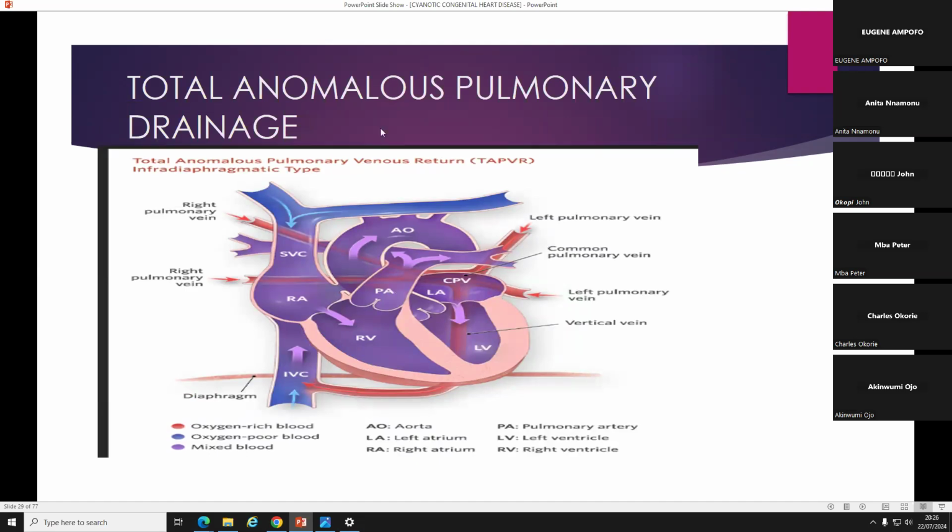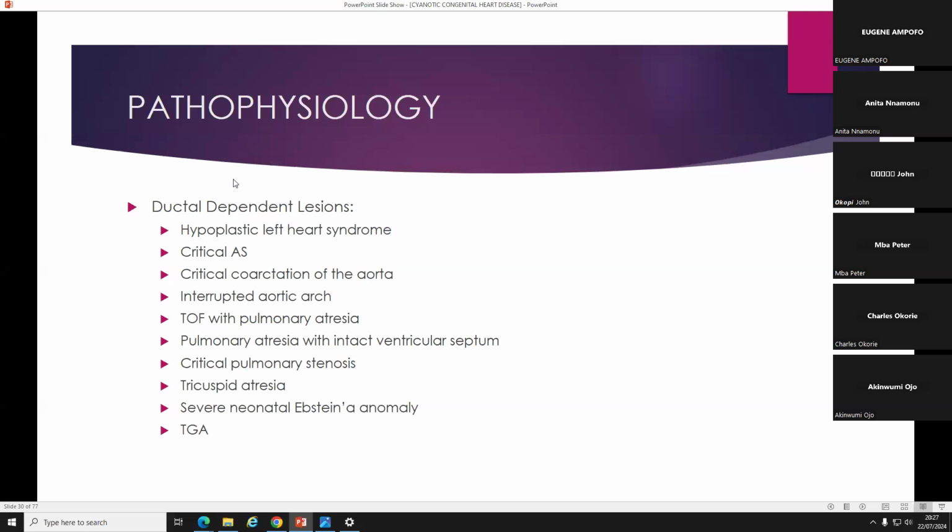Now, the total anomalous pulmonary venous drainage basically is a situation whereby instead of the pulmonary veins draining into the left atrium, they drain into the systemic venous circulation. So there is lots of potential for mixing of oxygenated blood with deoxygenated blood and then moving back to the systemic circulation.